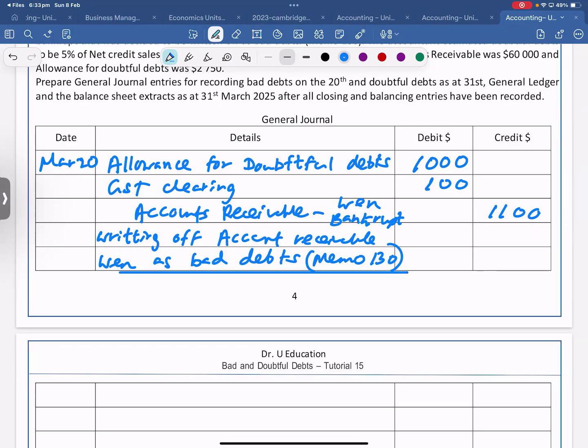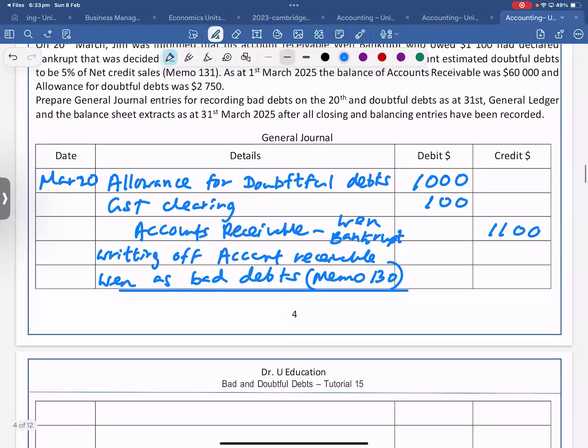You know how allowance for doubtful debts is a negative asset, and then that's being debited. Now he's asking a question. That's a valid question.